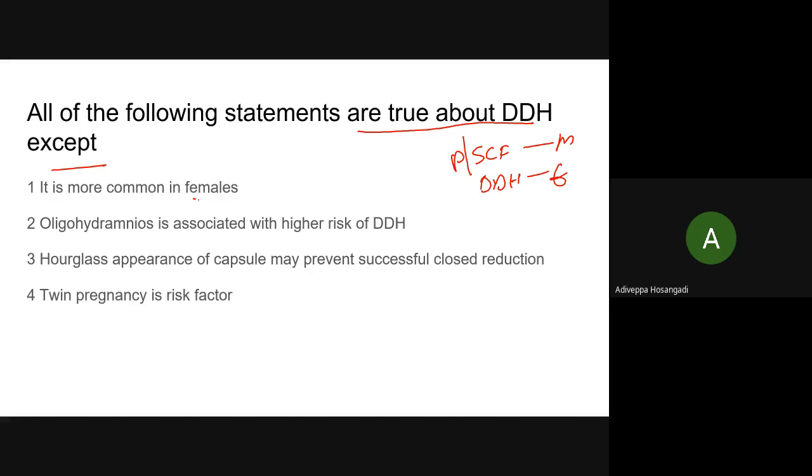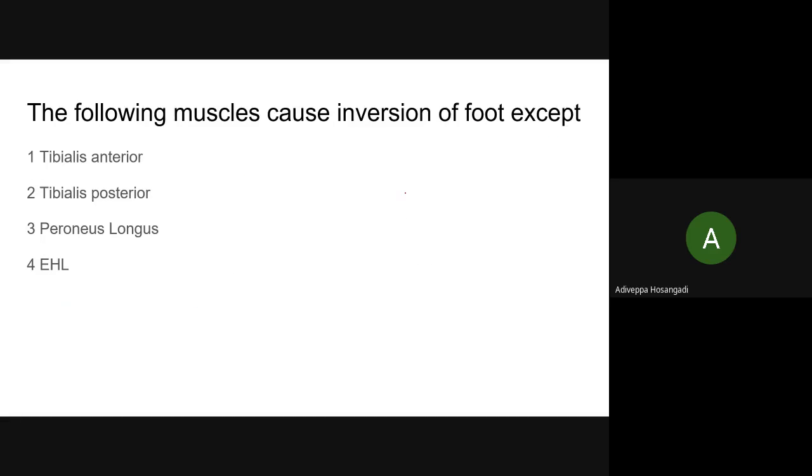So more common in females, correct. Oligohydramnios is associated with increased risk of DDH, yes. Option 4, very good. Pregnancy is not a risk factor for DDH. Okay, very good.